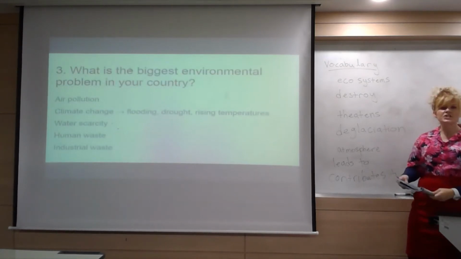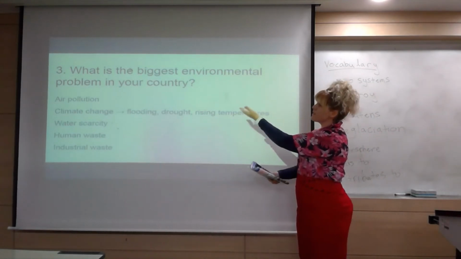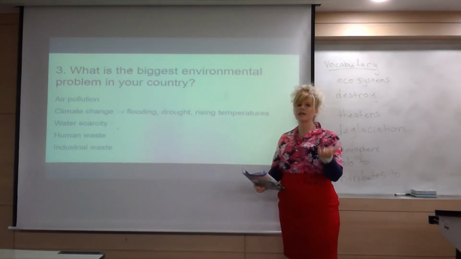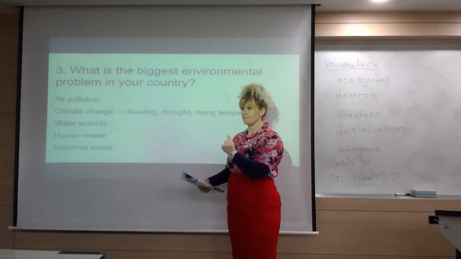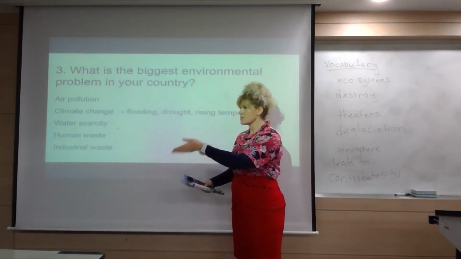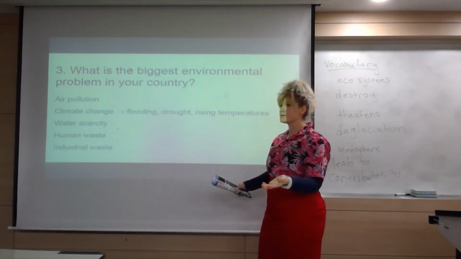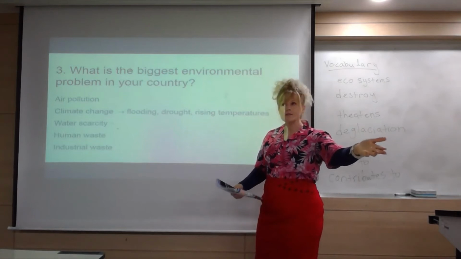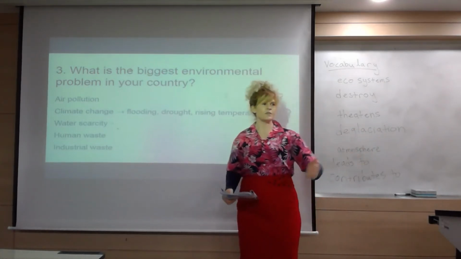Good. Question number 3. What is the biggest environmental problem in your country? Oh, yes. Air pollution. Climate change. Yes, like flooding, drought, rising temperatures, water scarcity, human waste, industrial waste.